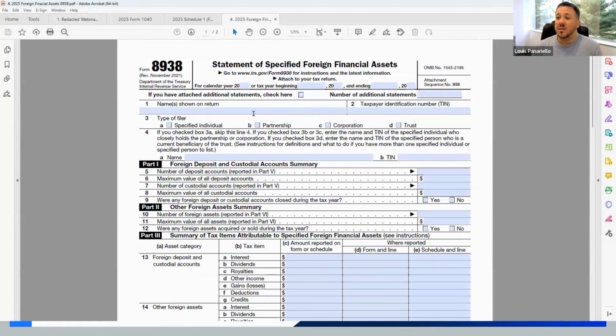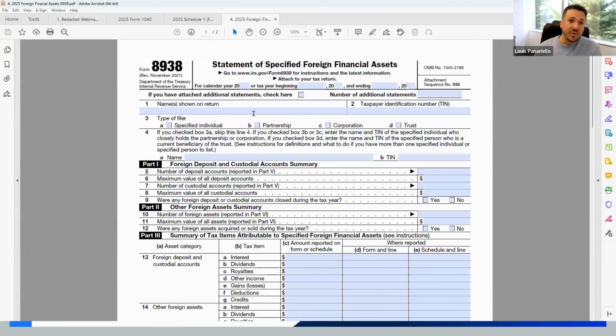So Form 8938 actually is an IRS form. So to the extent that there are foreign assets that qualify for Form 8938, the taxpayer would have to fill this out. Now I mentioned that the threshold for Form 114 was 10,000 bucks.